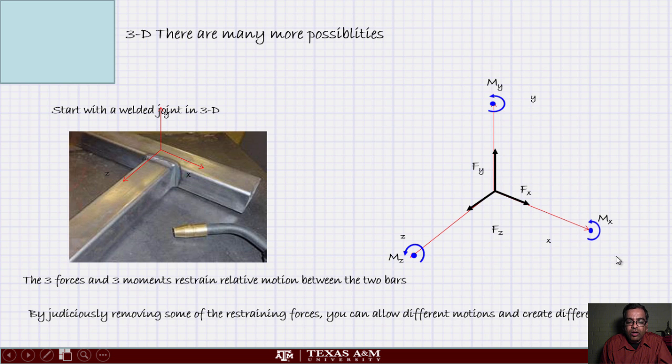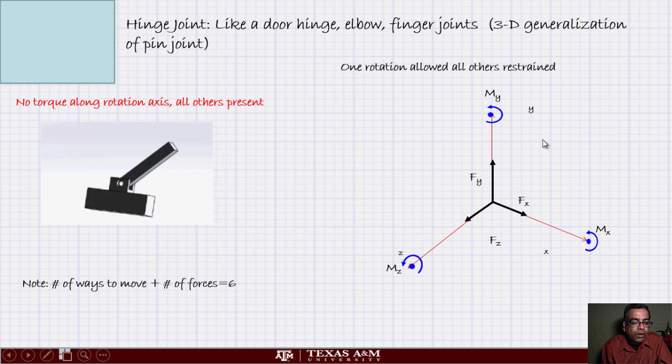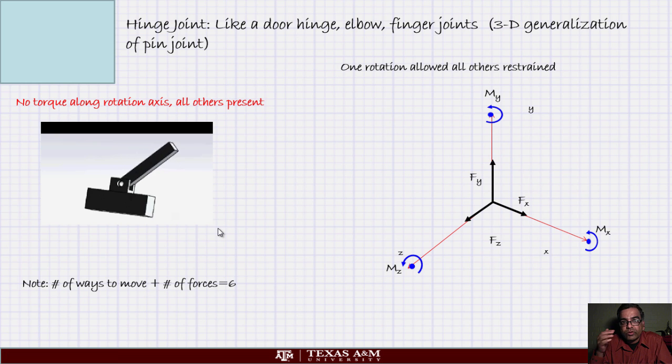All the other joints are special cases of this. Depending upon which of these forces are prevented or added, you will get different things. For example, we are back to a pin joint. In this case, in 3 dimensions, it's called a hinge joint. Can you see? Only one motion is allowed. So that means out of 6 things, 5 will still be present, only 1 is gone.